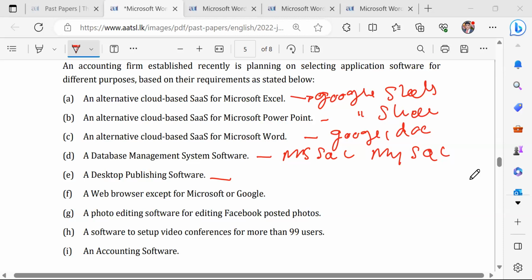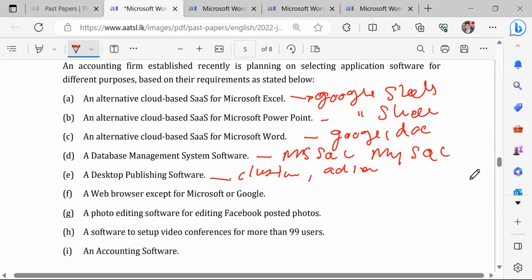DTP. You can say QuarkXPress, Adobe Illustrator, right? Adobe InDesign, all those.